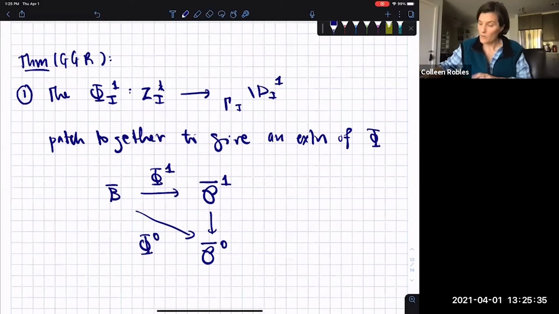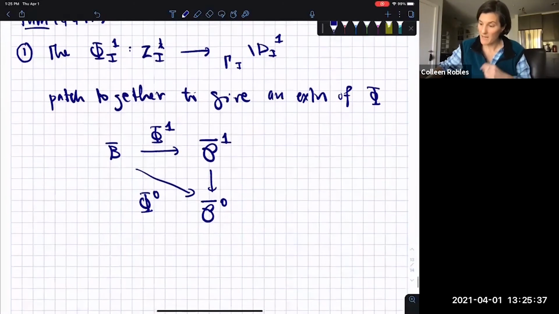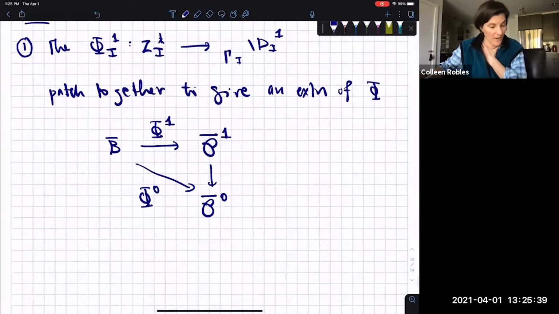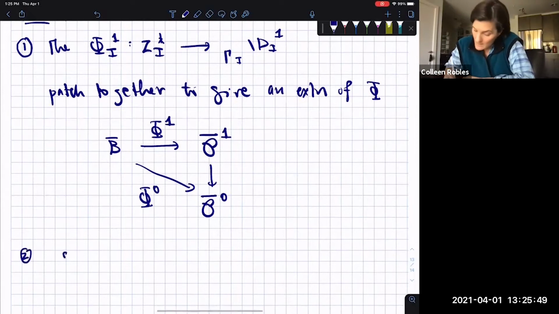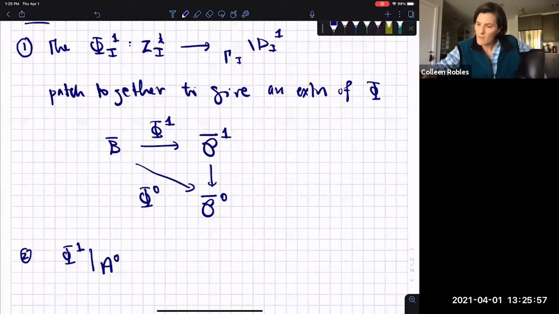Okay, so first of all, these patch together to give an extension of phi. This map also has good properties. The first is that if I take this level 1 extension data map and I restrict it to my fiber A0, remember, this is a fiber where the weight graded quotient is constant.